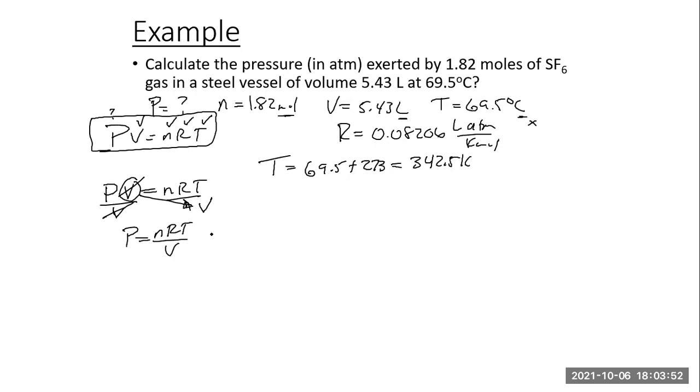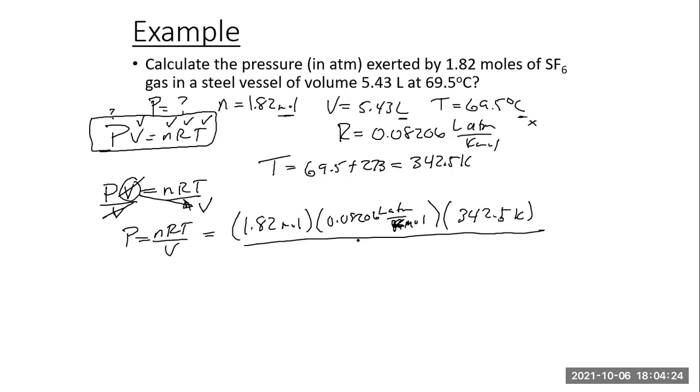Now that we have it properly rearranged, we want to put everybody in the correct spot. So up on top, 1.82 moles, our R value, our temperature converted to Kelvin, all divided by our volume here, which was 5.43 liters.